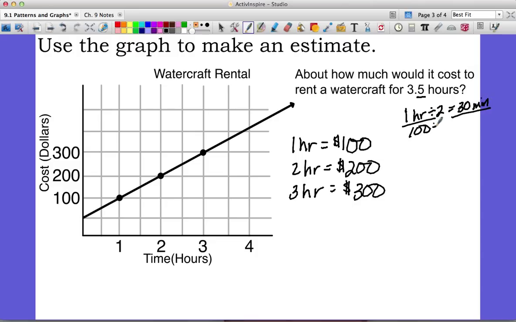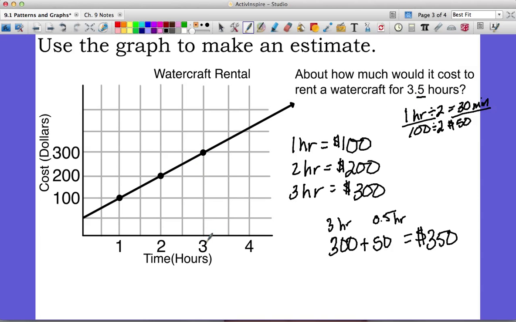But what I do to the top, I have to do to the bottom. And I know that instead of being $100, it's going to be $50. So I can estimate that for 3.5 hours, it's going to cost me the $300 for the 3 hours plus the $50 for the half hour. So I'm guessing that it's going to cost me about $350 to rent the watercraft for 3.5 hours.